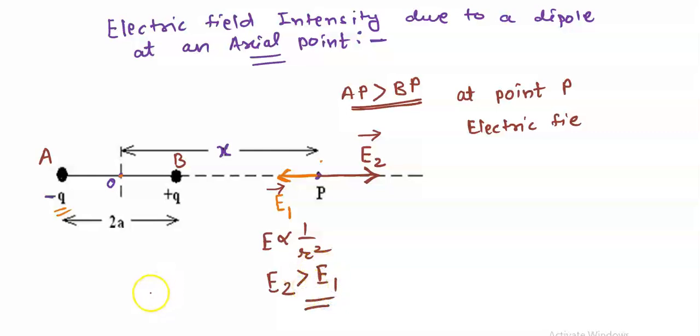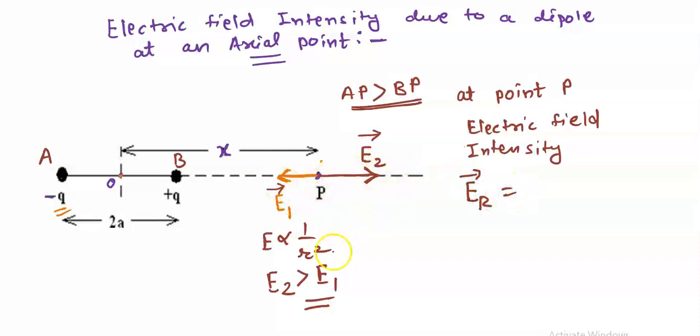So do remember that electric field intensity E2 due to this plus Q charge would be more as compared to this minus Q charge. So now at point P, if we have to find the electric field intensity, then the resultant will be the resultant of E2 and E1.